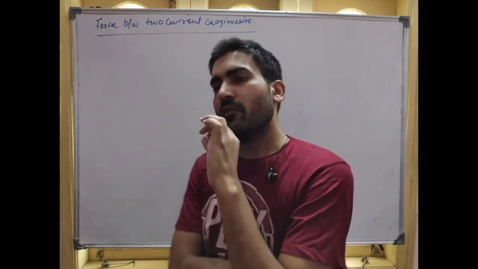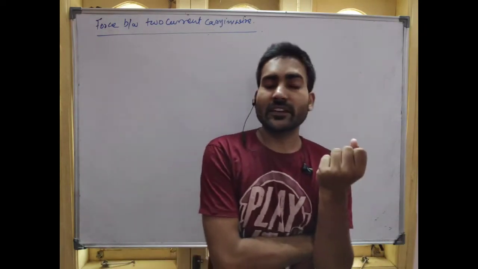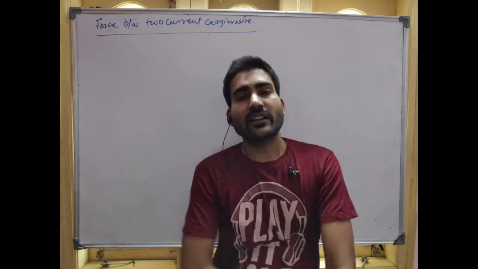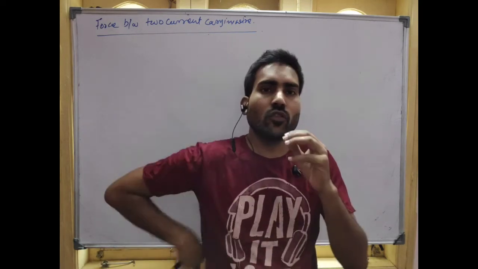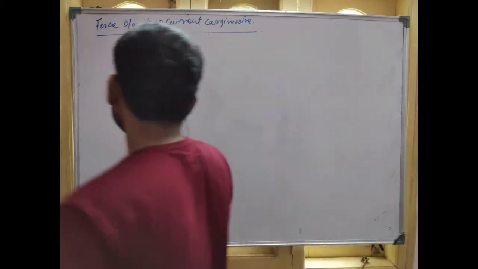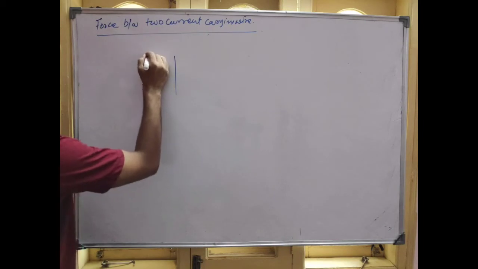Suppose we keep one wire in that particular magnetic field. What will happen? We know that whenever a wire is kept in a magnetic field, it will experience a force that is I L cross B, right?